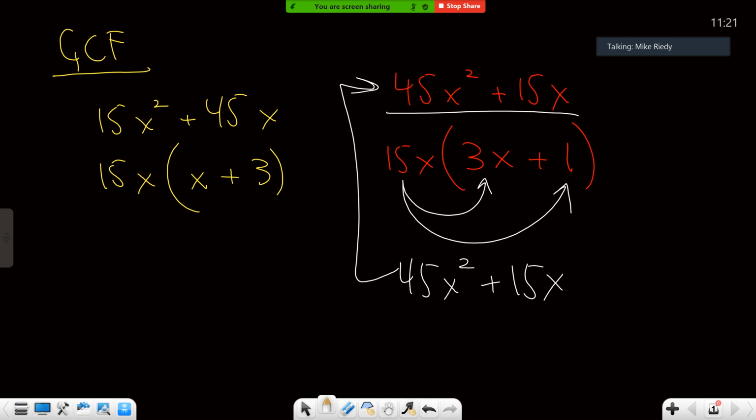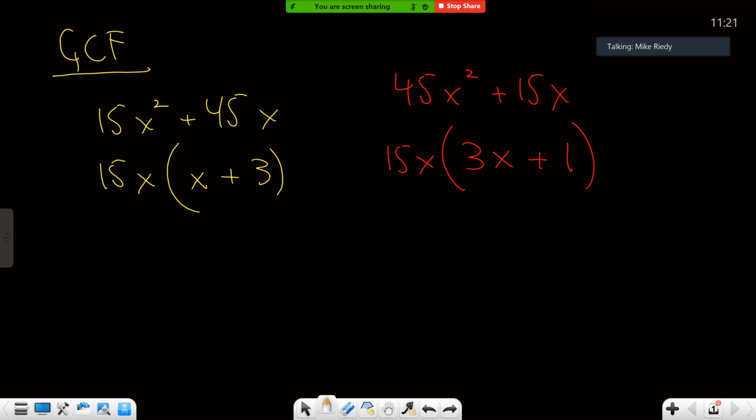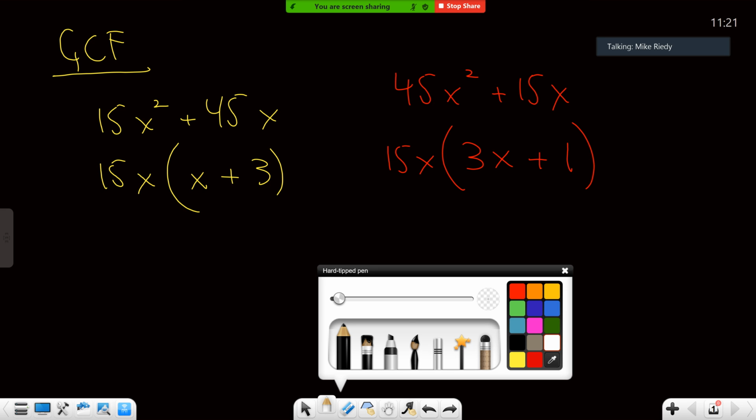Same, we're good to go. Again, you're not going to do that every problem. It's way too much work. But it is a process by which you can check to see if your answer is correct. And we're going to use that a little bit in some other problems when we start working through the different types of problems that you'll see when we're working on factoring.